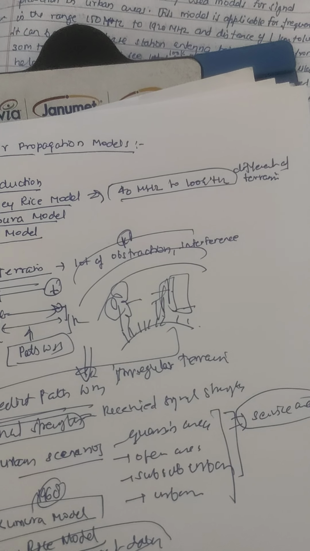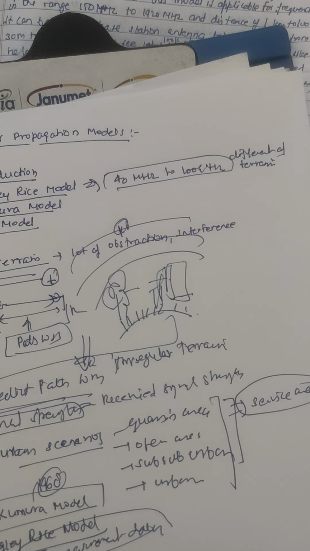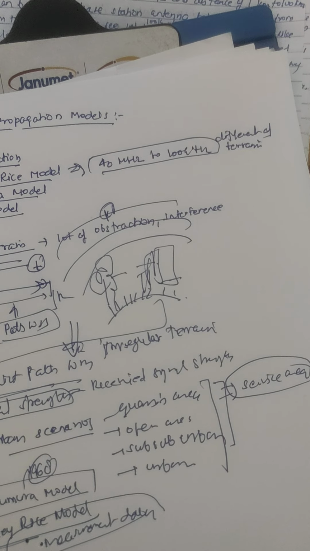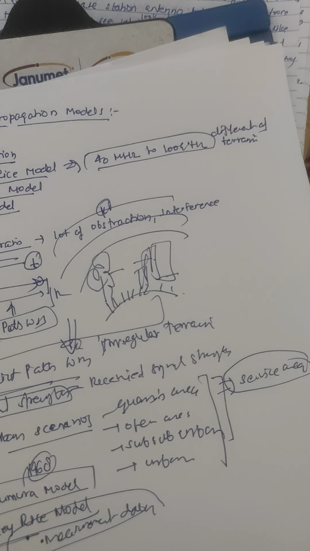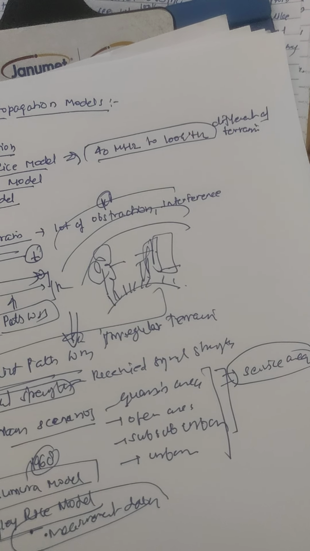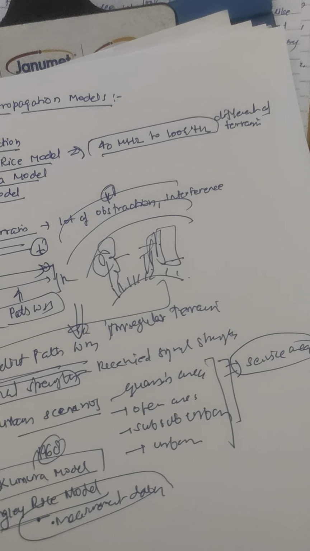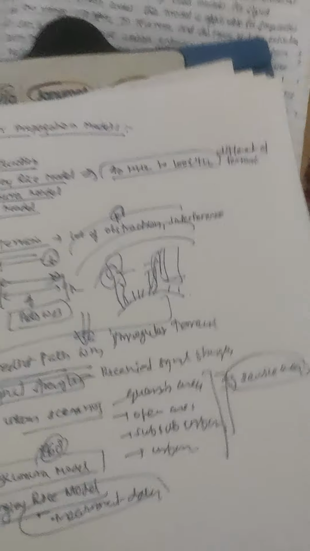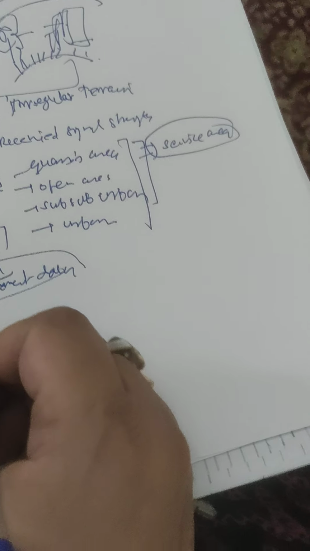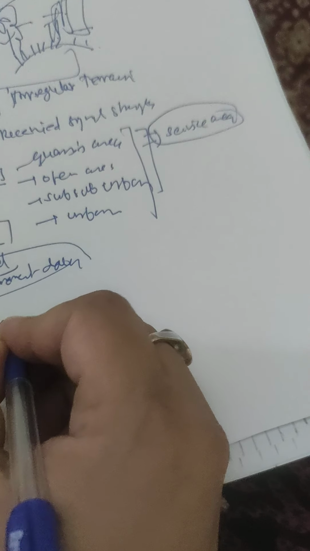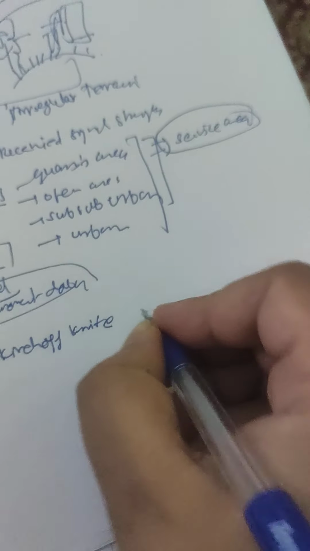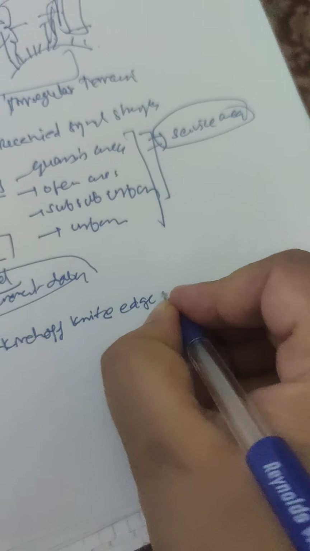Geometric optics techniques, primarily the two-ray ground reflection model, are used to predict signal strength within the radio horizon. Diffraction losses over isolated obstacles are estimated using the Fresnel-Kirchhoff knife-edge model.